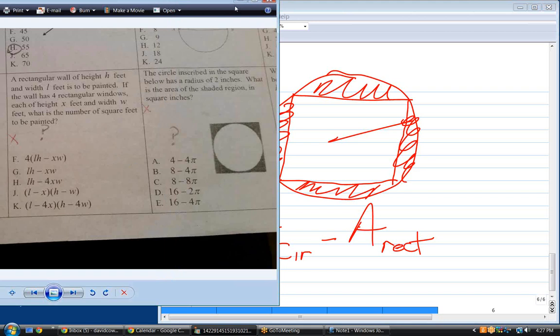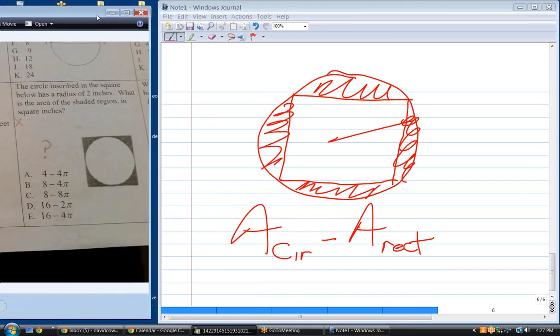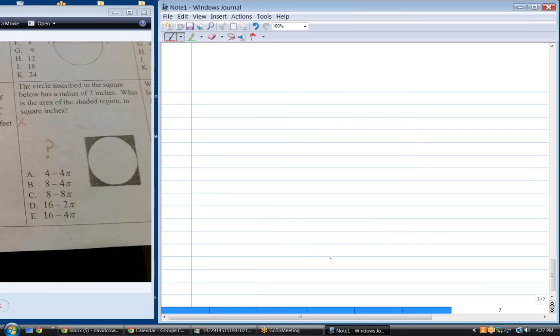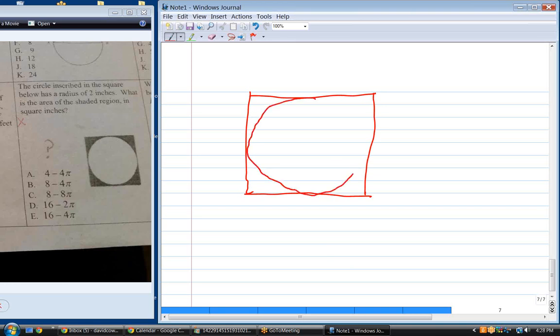Look at this. Almost the exact problem. Only it's a circle inside of, what is that shape right there? A square. Has to be, right? Can't be just a rectangle. All four sides are equal.